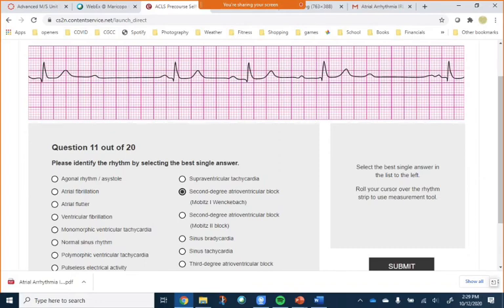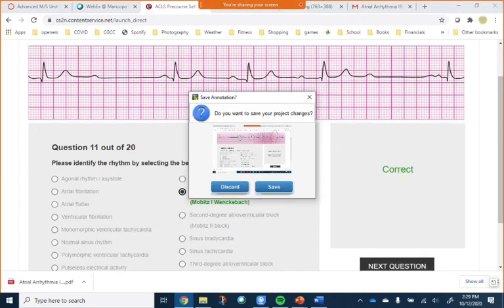If the PR intervals had been exactly the same... but this one was a little bit shorter, so this one was sitting right around 5, and then we get a little bit longer, and then we get a little bit longer, and then we have a drop. So longer than you drop. So it is a type 1. Yay.